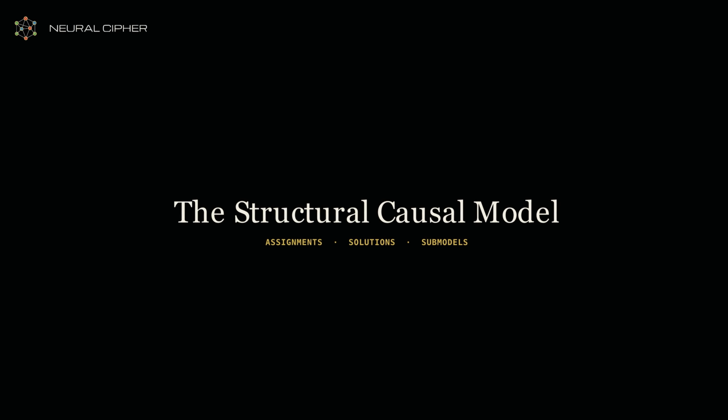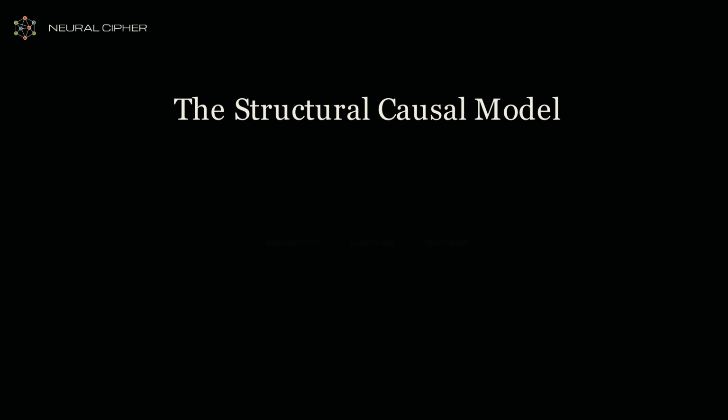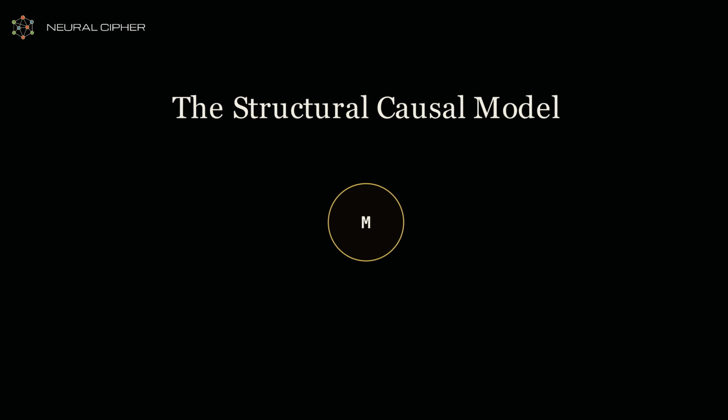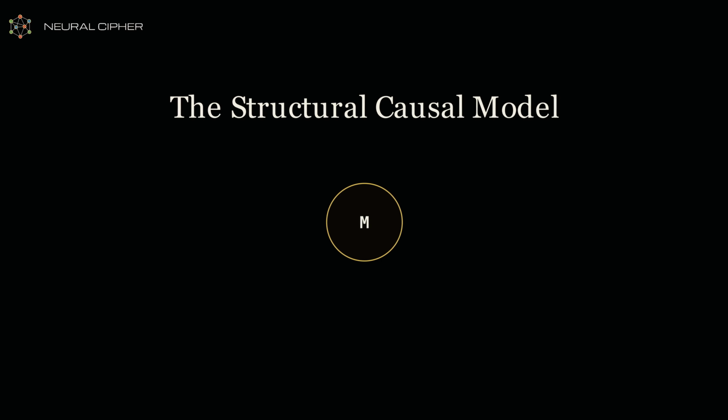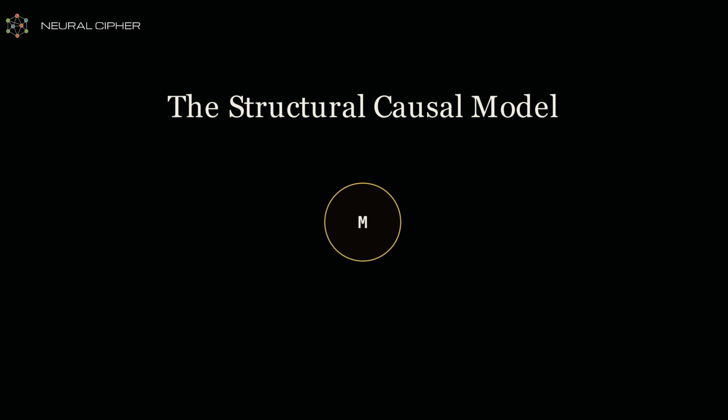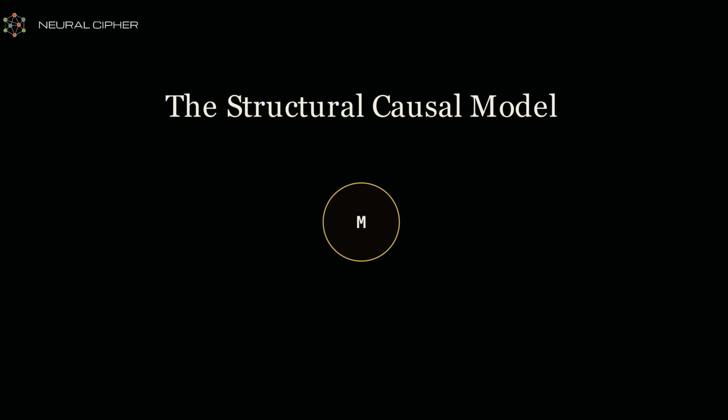A structural causal model is not merely a directed graph decorated with probabilities. It is a system of assignments equipped with intervention semantics, a rule for generating endogenous variables from background conditions, and a rule for constructing new systems when mechanisms are replaced.